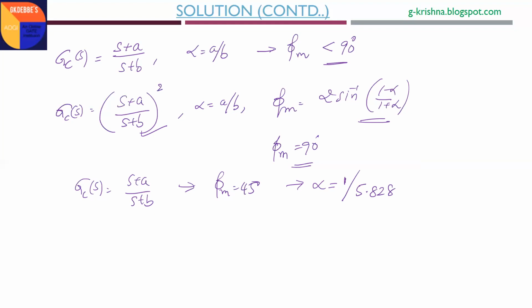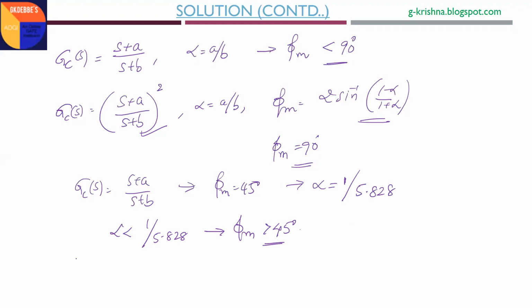If you want to get more than 45 degrees, the alpha value should be reduced still further. That is, whenever you keep alpha less than 1 by 5.828, then the maximum phase shift of one lead system will be greater than 45 degrees. And two lead systems can provide more than 90 degrees when alpha is selected as less than 1 by 5.828.